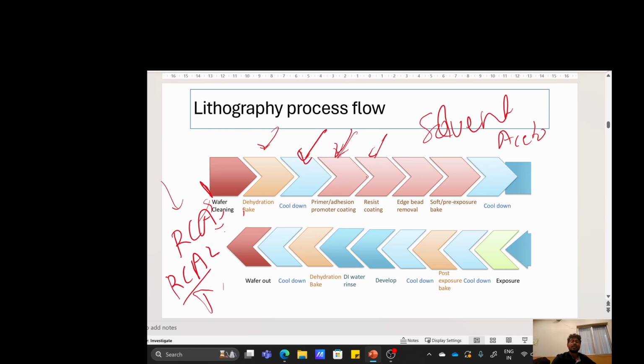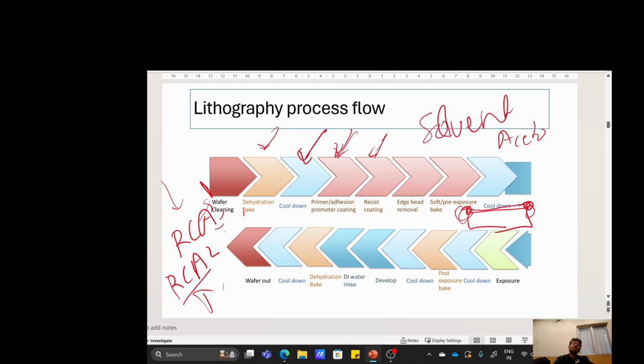Then after that we do the resist spin coating. If your wafer is a square type or whatever, at the edges of the wafer there are some beads. These are the edge beads, where the thickness of the photoresist material is more.